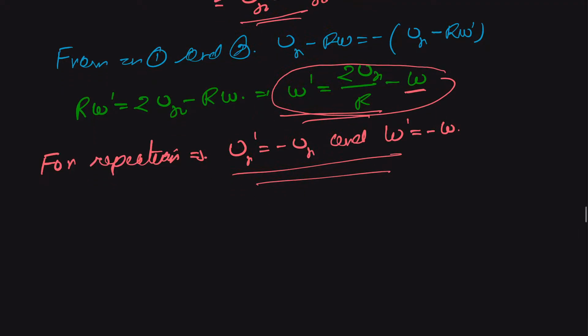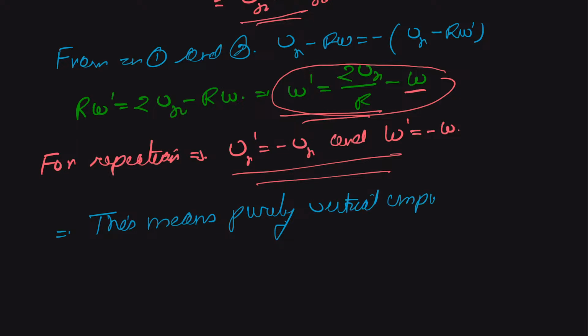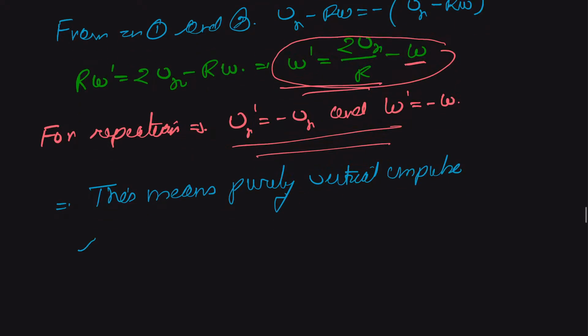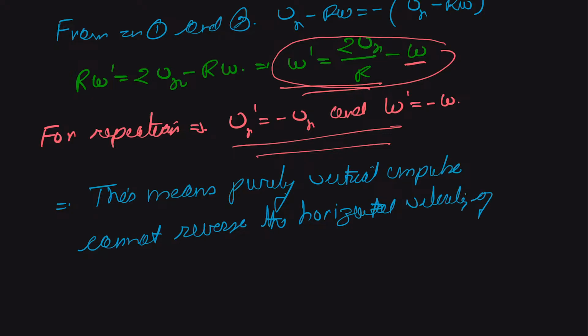So this means that our purely vertical impulse cannot reverse the horizontal velocity of center of mass.